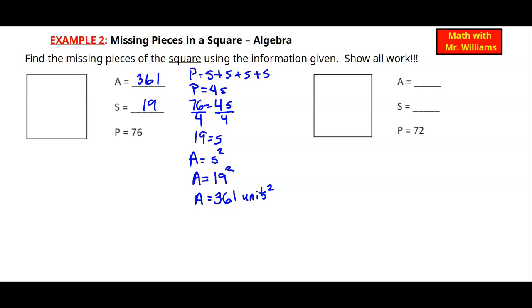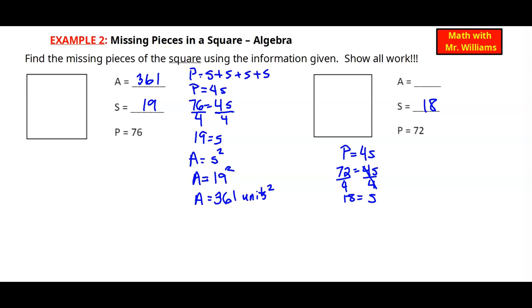Here we also have the perimeter, and we're looking for the area and the side length. Let's plug that in. So we have our formula, substitution. We're going to use our inverse operation to cancel out the 4 on both sides. 72 divided by 4 is going to get us 18.